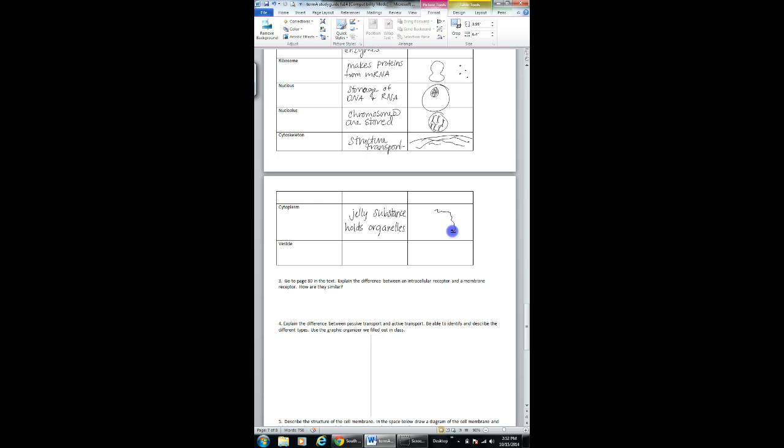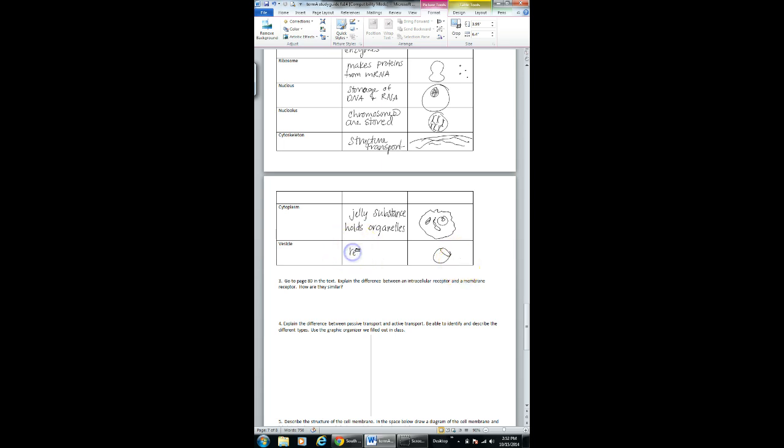I don't know how to draw it other than having little organelles inside. Okay, and then the vesicle is the last thing, and this is just a small membrane sac, and it holds and recycles. It helps with storage and transport of proteins, and it's another little thing that has a hole in the top. They all kind of look similar. These are a little smaller than the lysosomes.